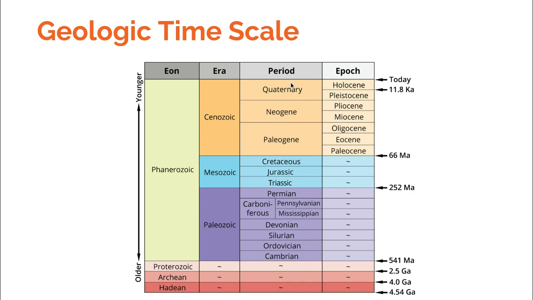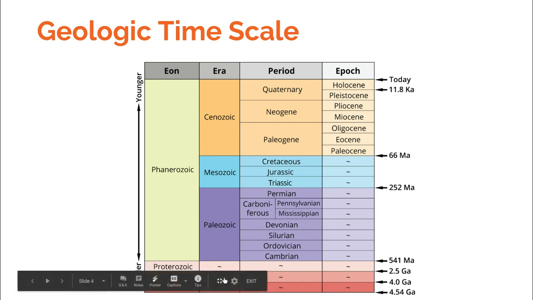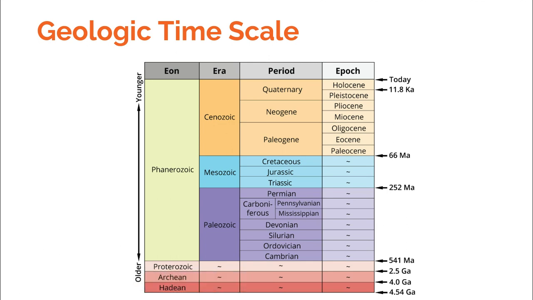For this lesson, I only want you to focus on the names of these eras. That's how we're going to divide Earth's history. The red part at the bottom is the Precambrian time, even though it doesn't say it right here. So we have the Precambrian time, the Paleozoic era, the Mesozoic era, and then today, the Cenozoic era. And humans were coming into play around here.